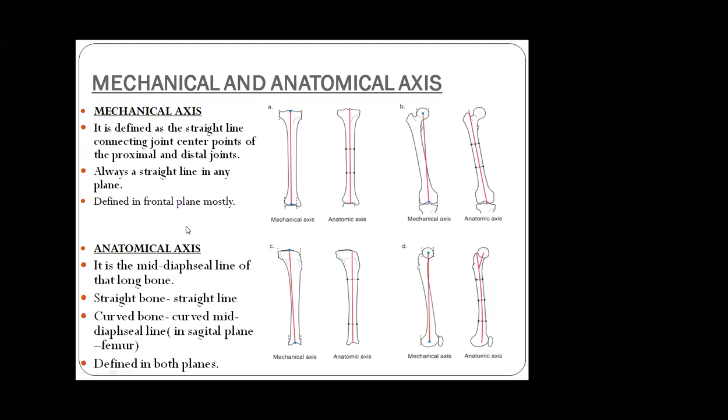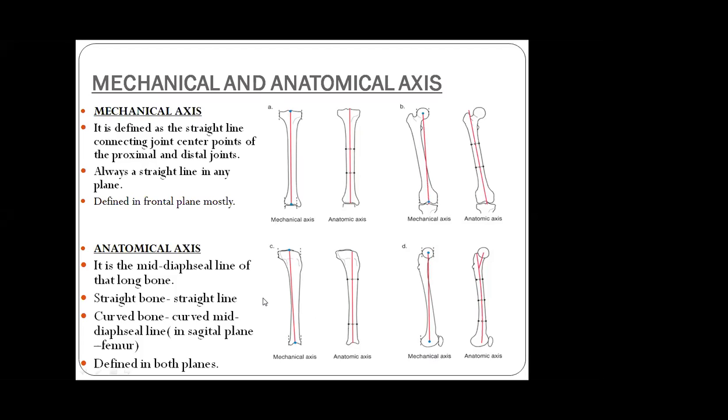Second is the anatomical axis. The anatomical axis is the mid-diaphyseal line of that long bone. For a straight bone it is a straight line, but the exception is the femur, which is a curved bone in the sagittal plane, so the mid-diaphyseal line would be curved in the sagittal plane. It is defined in both planes.